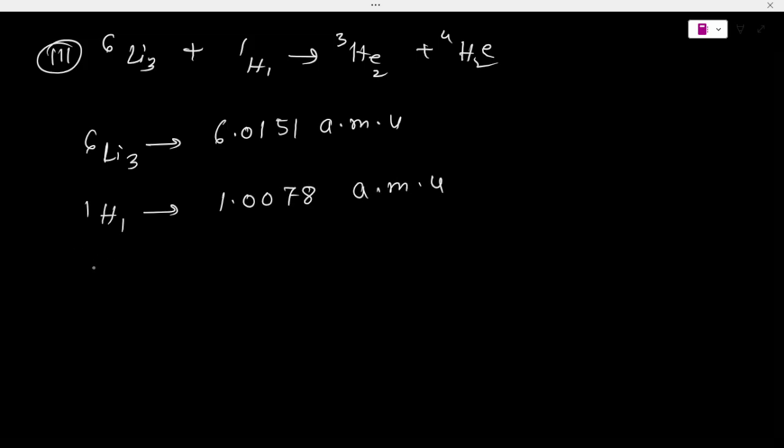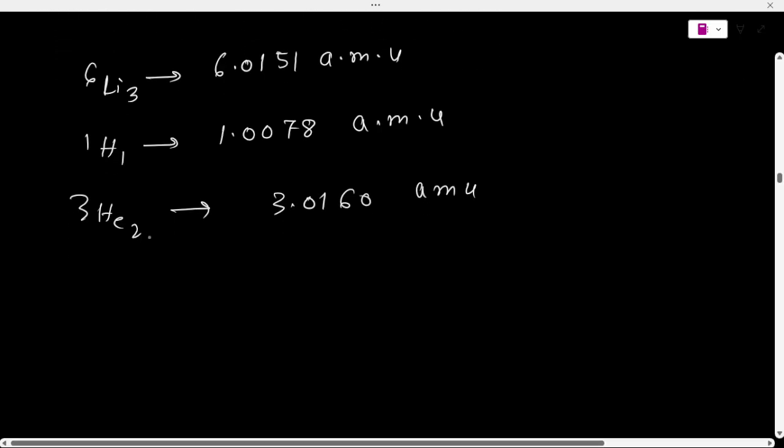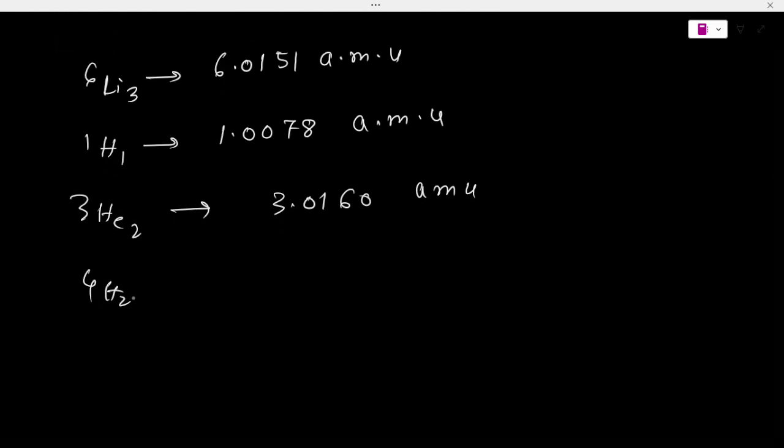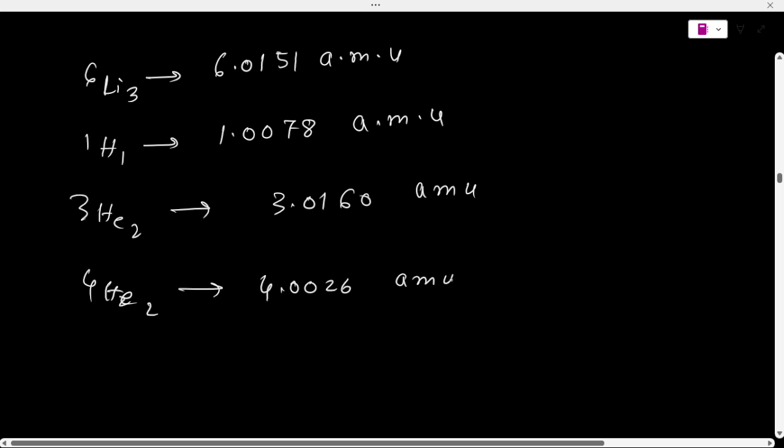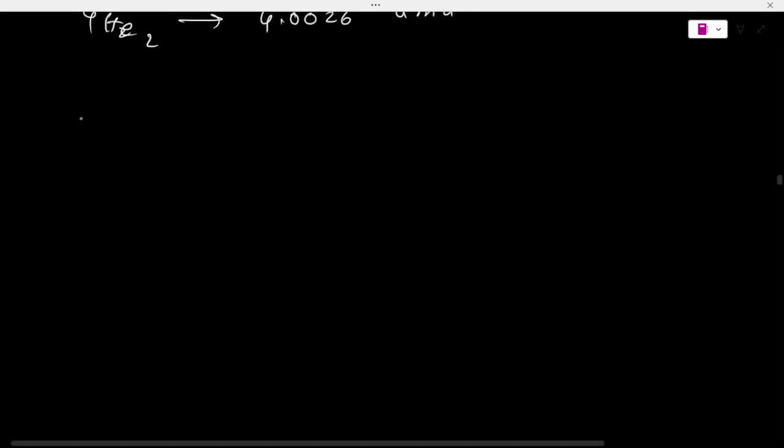For helium-3 it will be around 3.0160 AMU, and for helium-4 it will be around 4.0026 AMU. Okay, so the sum of masses of reactants.